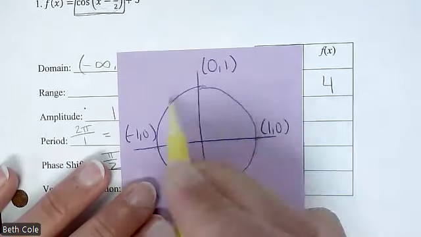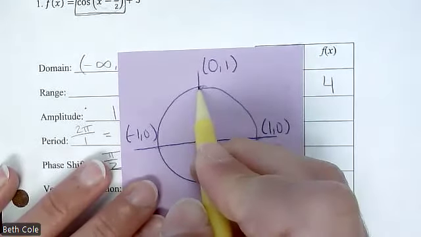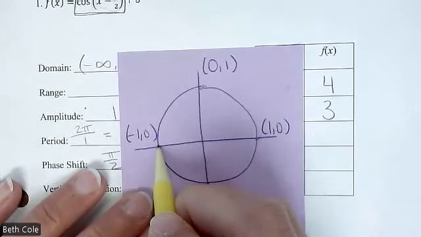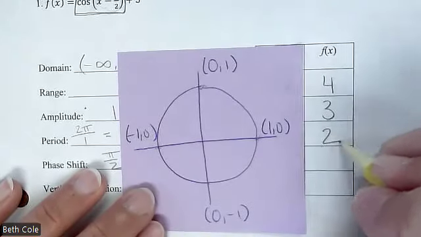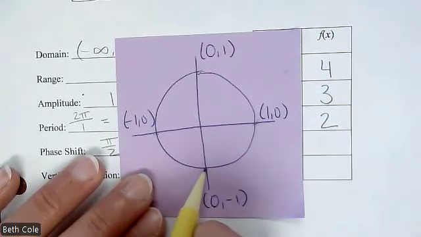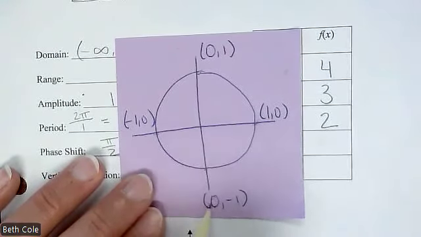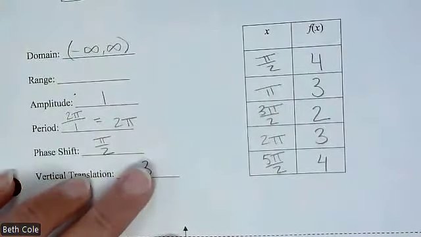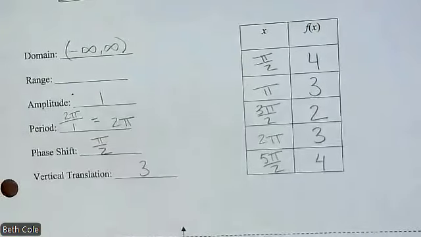And then the next one, we're just going to go around the circle. So up here, 0 plus 3 is 3. Over here, -1 plus 3 is 2. Down at the bottom of the circle, 0 plus 3 is 3. And the last one should always be the same as the first one because it's cyclic. You're going to end up where you started.